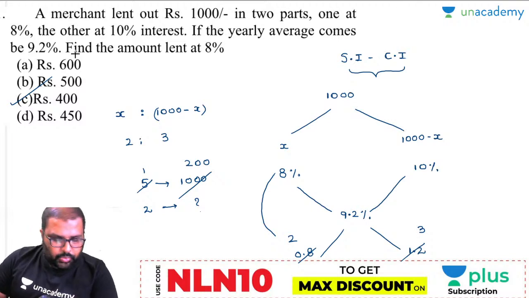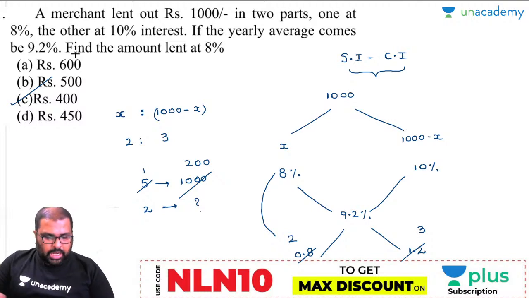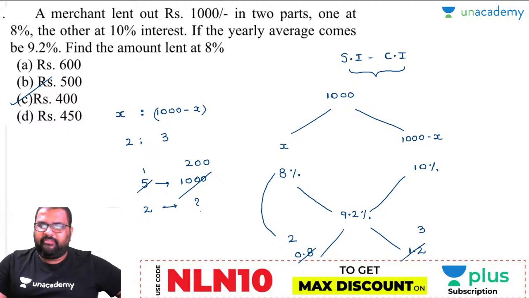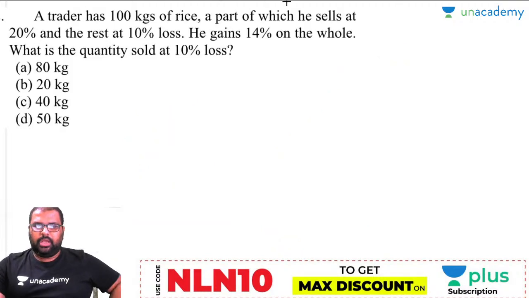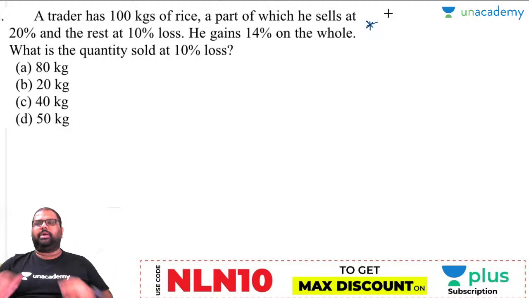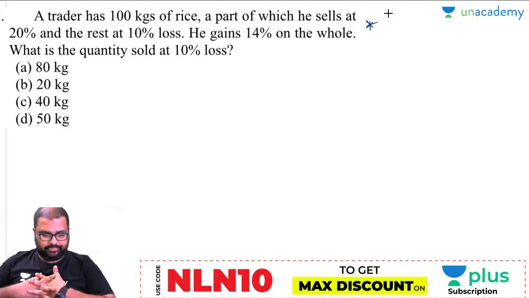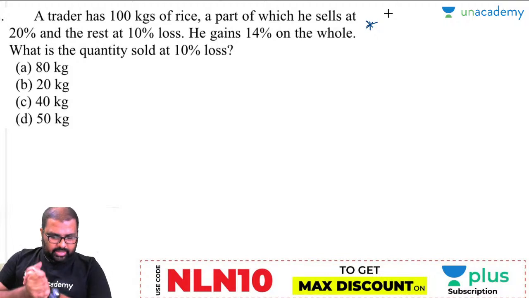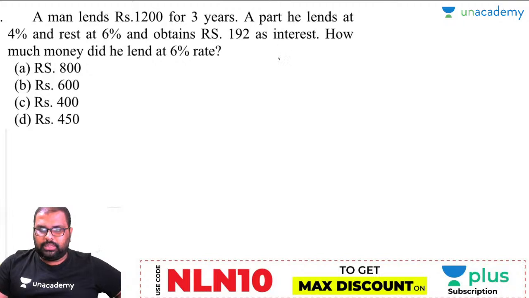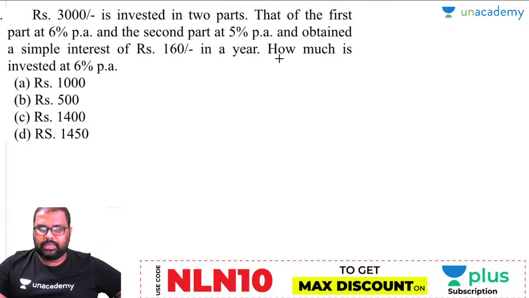Is it clear how I am solving it? Are you getting my points there? Is it clear? Now for Monday's class, you have to solve this question. A trader had 100 kgs of rice, a part of which he sells at 20%. Right? Yes, Uday, very good. See this question. Some 4 to 5 questions like this one, second one, third question.